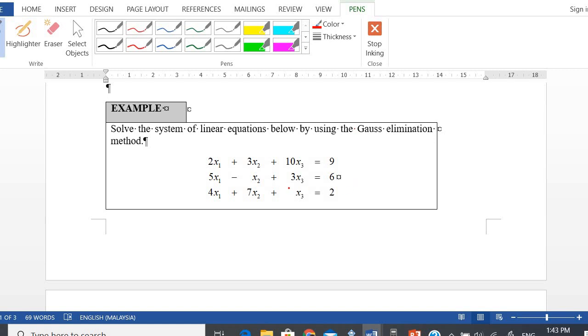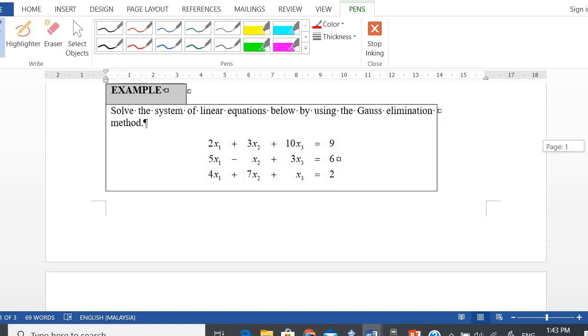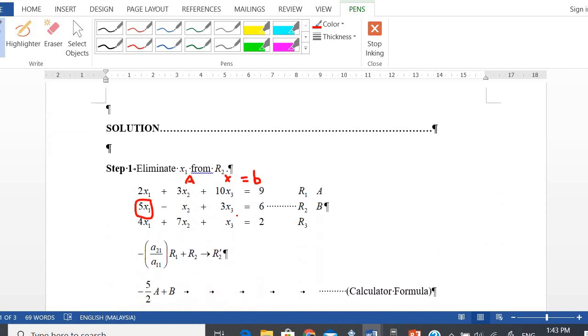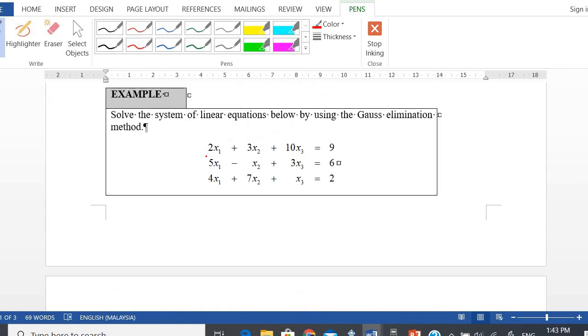But if the question asks you to solve using the Gauss elimination method, you still need to go through step 1, eliminate x1 here, make this one 0, step 2, eliminate this one to 0, step 3, eliminate this one to make an upper triangular matrix, and then use backward substitution.